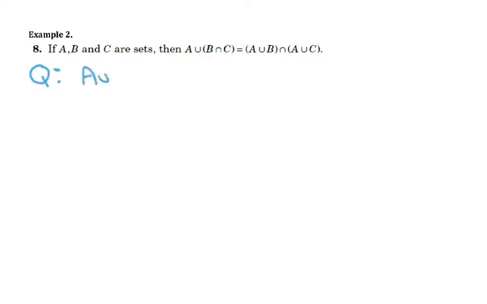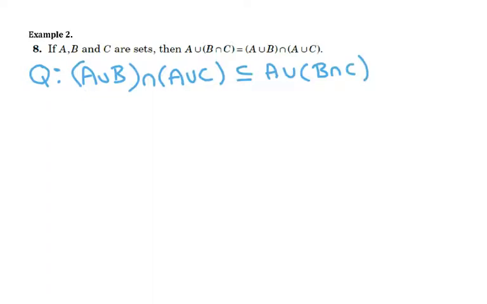Now, the question came towards the end of the proof when I was showing this relationship. So let's go through this part again. Okay, so to show this, we let x be an arbitrary element in the set on the left, and then we show that it has to be in the set on the right.